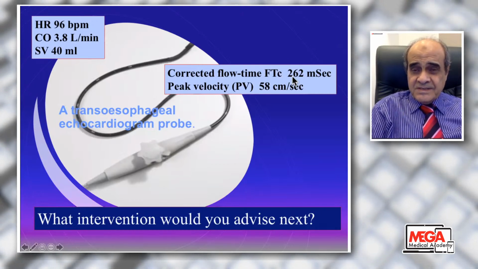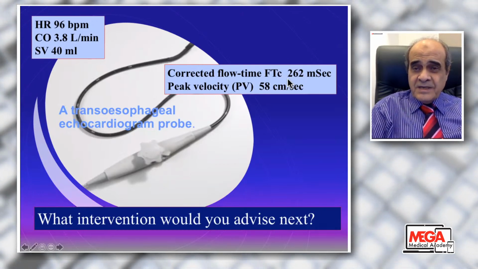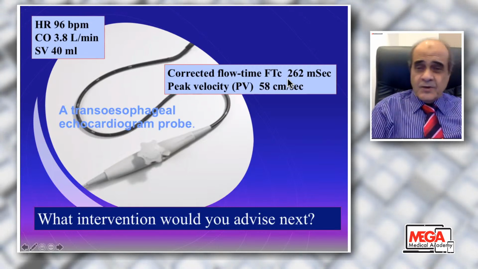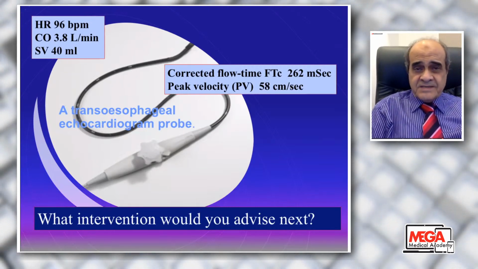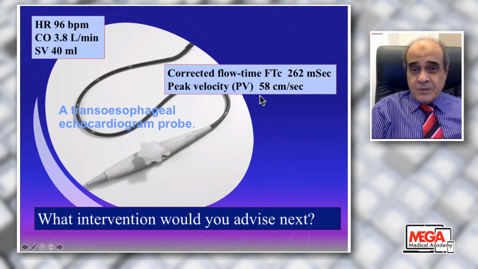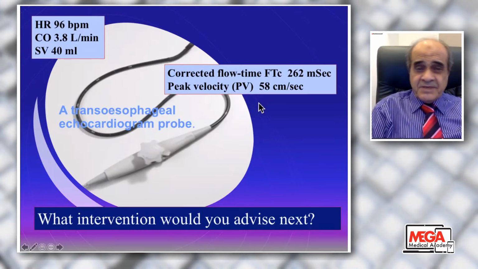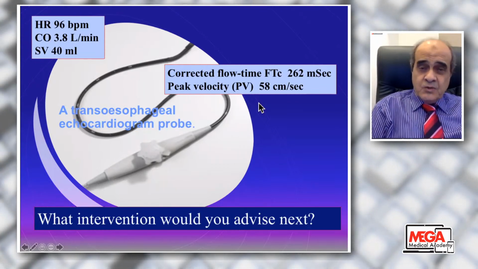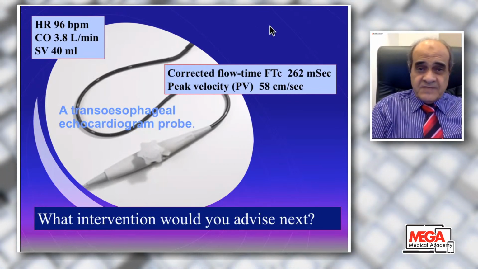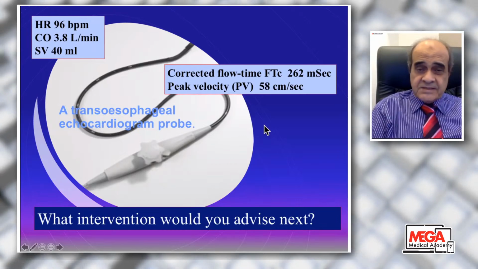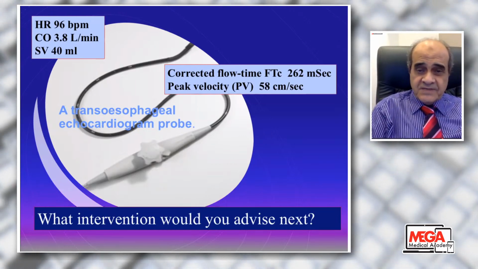The normal range is about 320 to 360. Peak velocity also is low, 58 centimeters per second. And this data can be obtained only by Doppler. And so we have to proceed to give this patient some fluid to correct the hypovolemia which he suffered from.